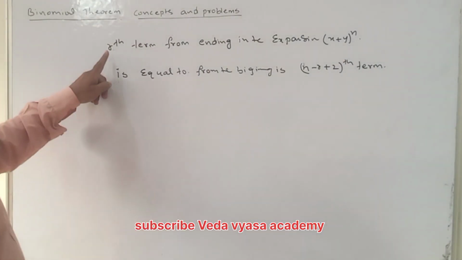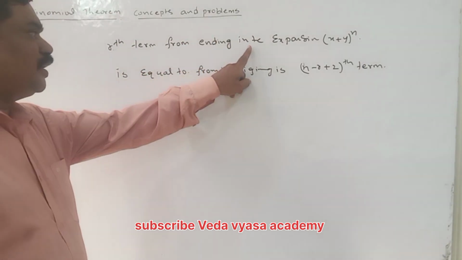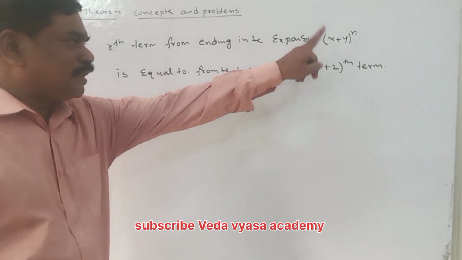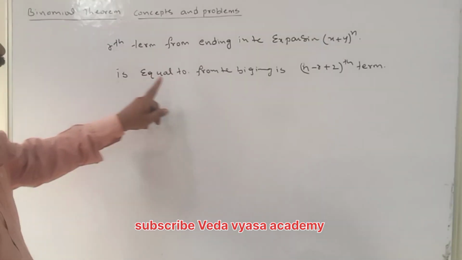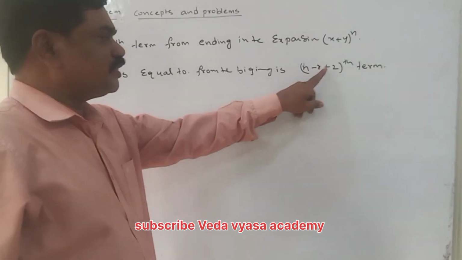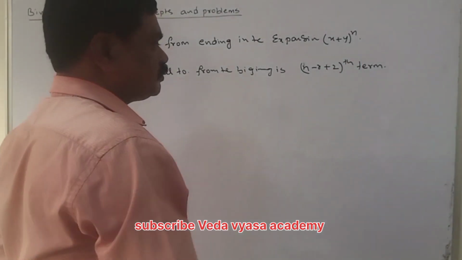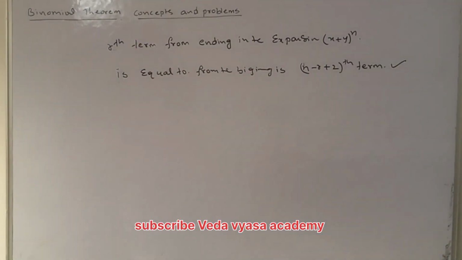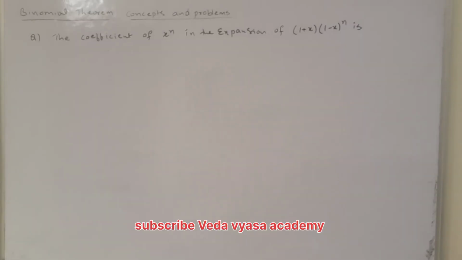Rth term from ending in the expansion of (x plus y)^n is equal to from the beginning the (n minus r plus 2)th term. So this is, you remember, this is very important. You remember this one.